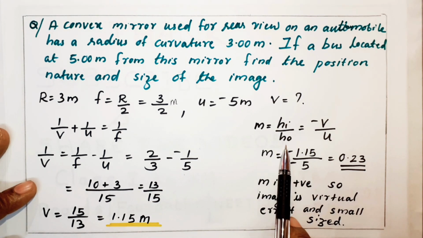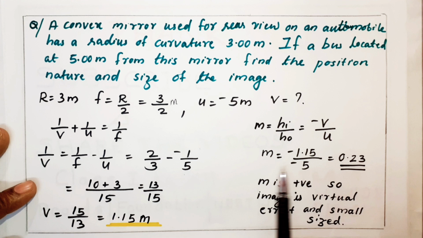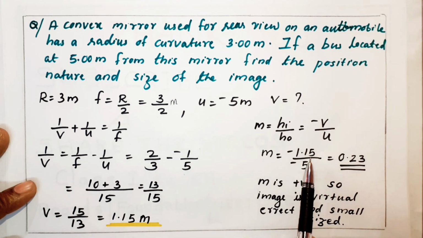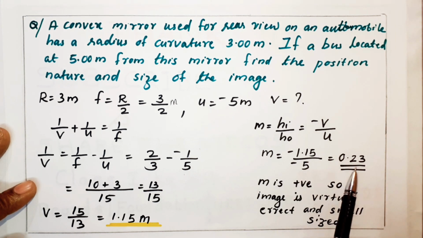Magnification is HI by HO equals minus V by U. M equals 1.15 by 5. We got 0.23. From this we understood M is positive, so the image is virtual, erect and small in size.